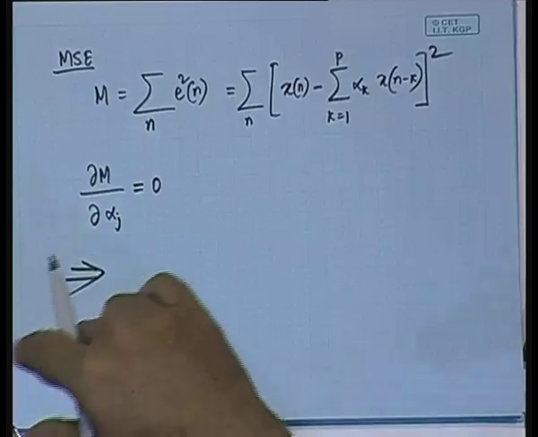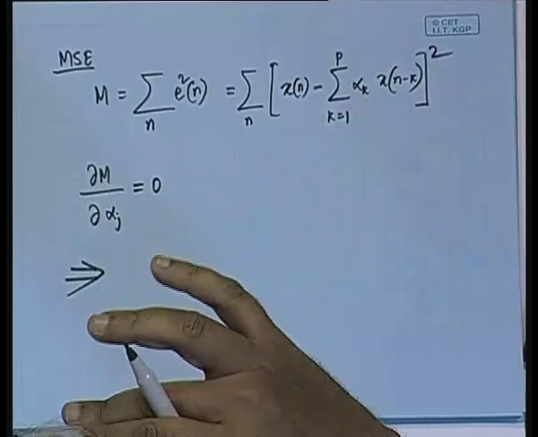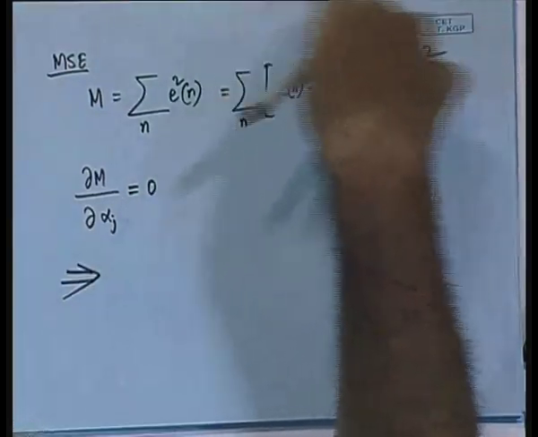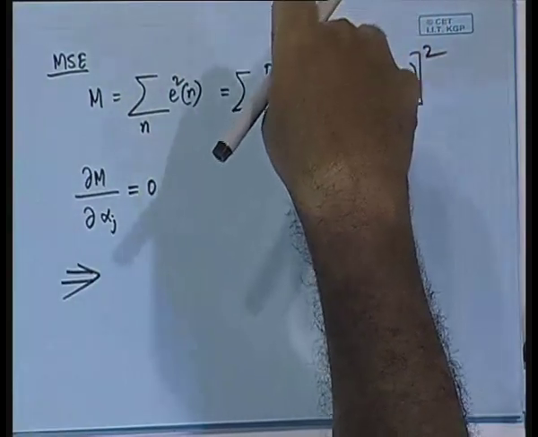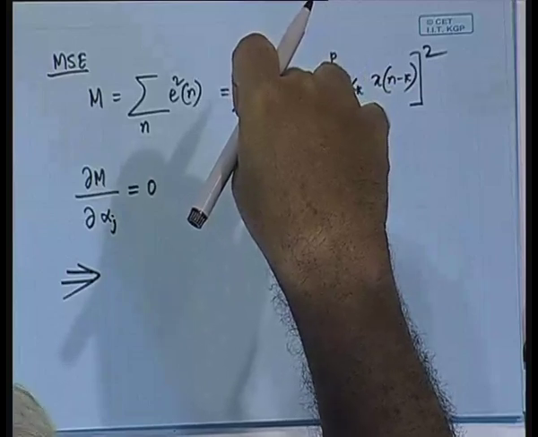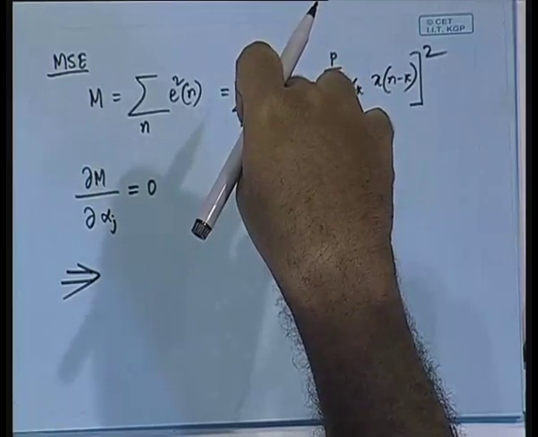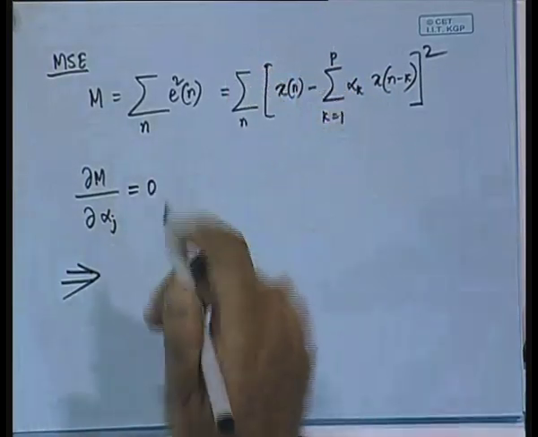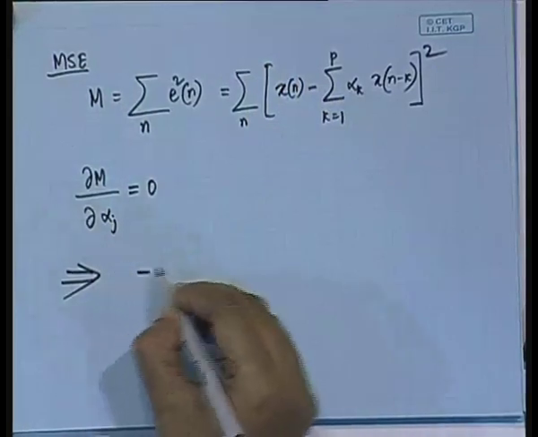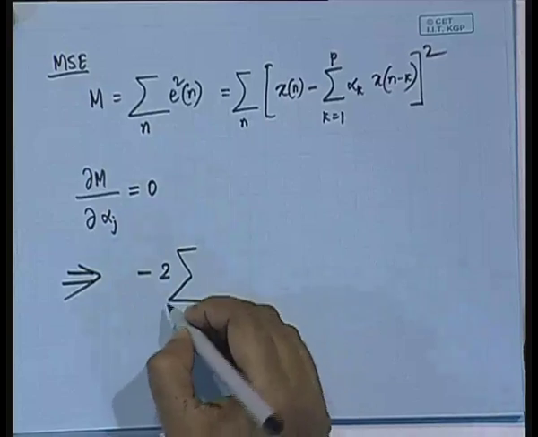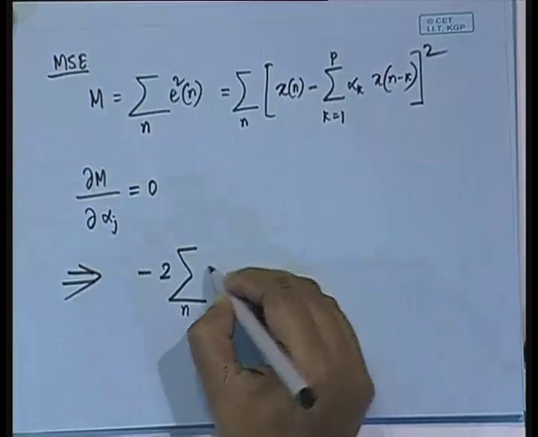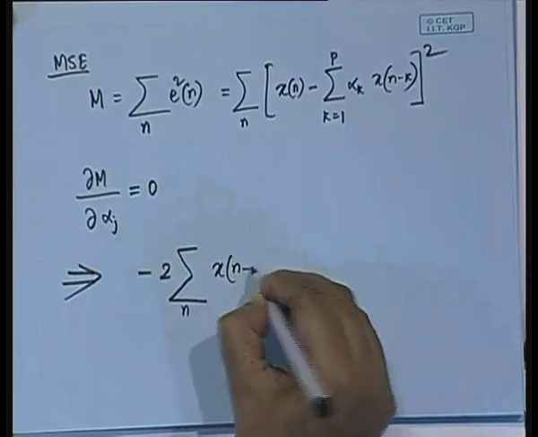So, what would you get? Here you will be getting a squared quantity which is written within the bracket. This will give rise to a minus 2. In fact, what you will get is minus 2 summation over n x of n minus j.